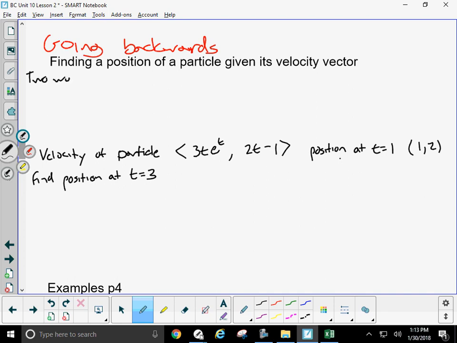I'm going to say there's going to be two ways to do things. One, take the antiderivative. Don't forget to include a plus c, and then don't forget to find the plus c using information that's given to you.